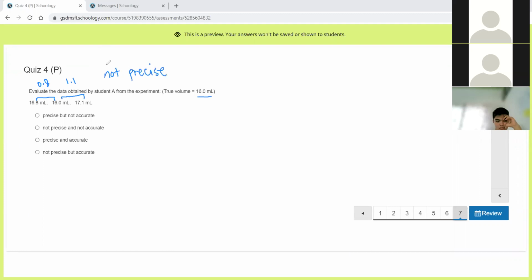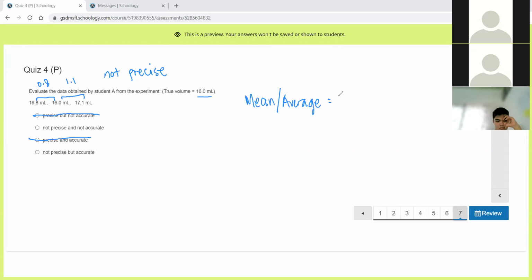So tanan class nga choices din hinga precise ato anang i-eliminate. Okay? Now let's look at if this is accurate or not. When we had our discussion, I told you na para makabalo ka kung accurate or not, kuha class ang mean or ang average. So paano nimo kuhaon ang mean or average?